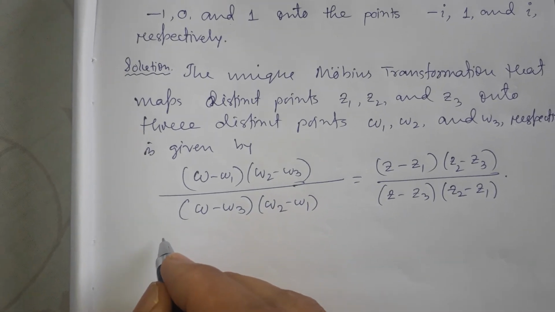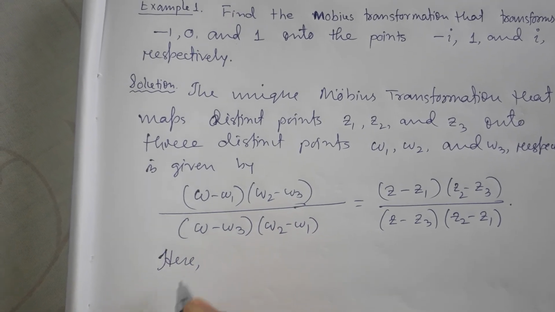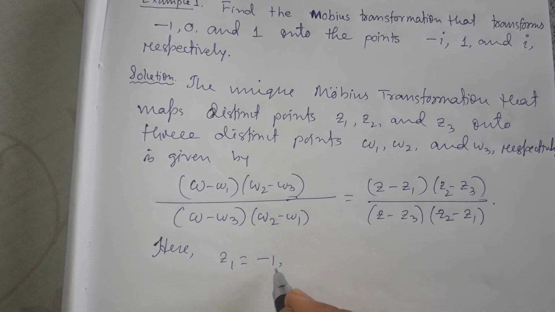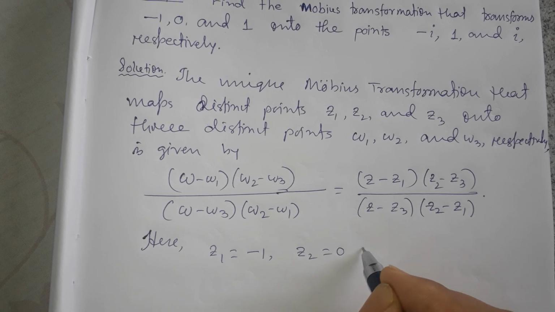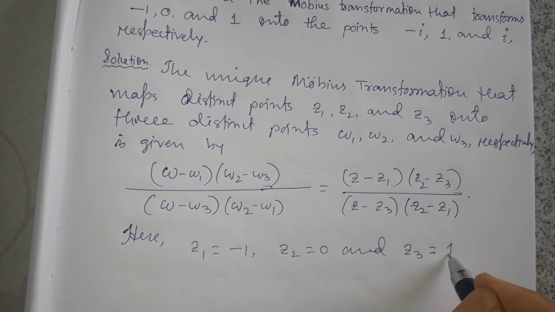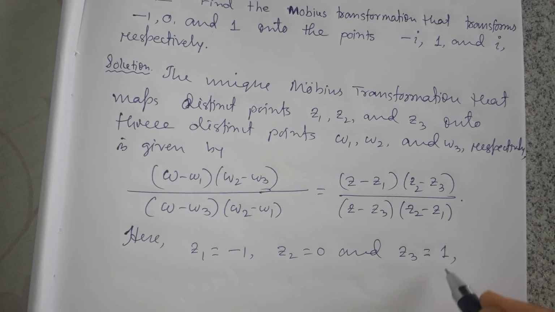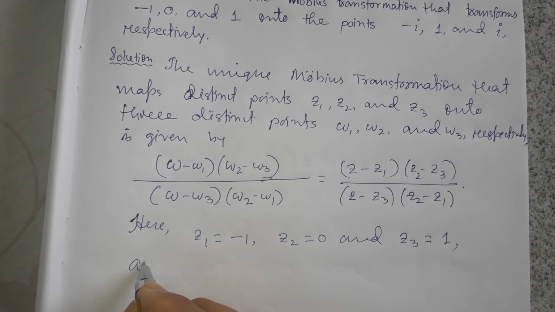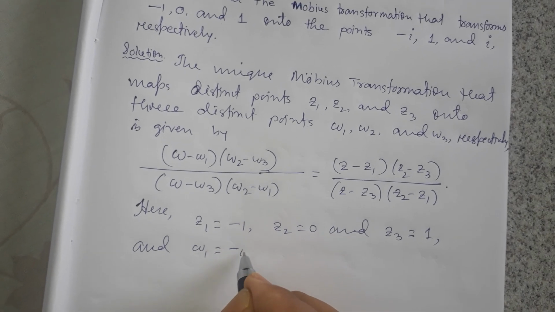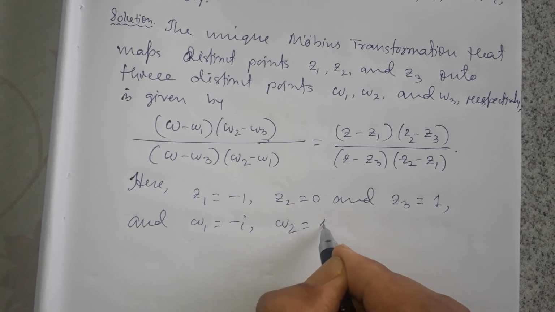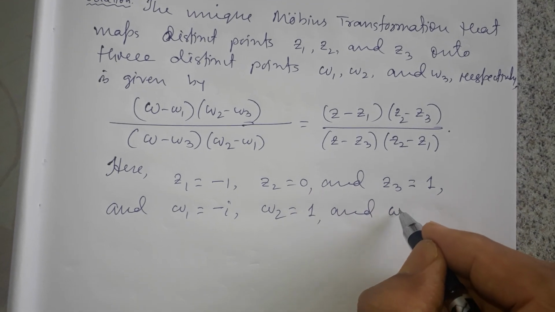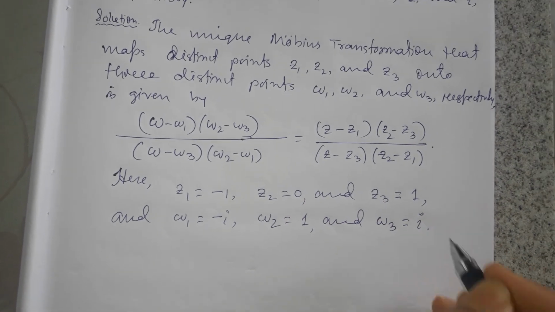So in this case, what we have is z1 equal to -1, z2 equal to 0 and z3 equal to 1, and w1 equal to -i, w2 equal to 1 and w3 equal to i.